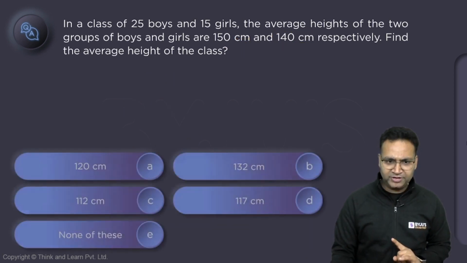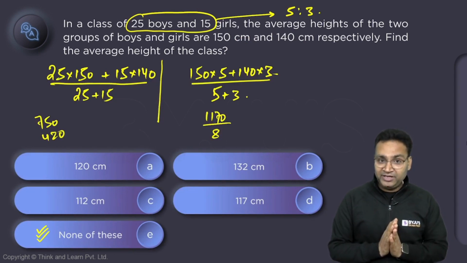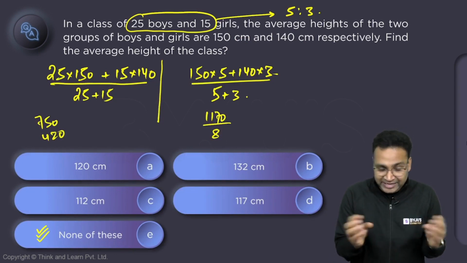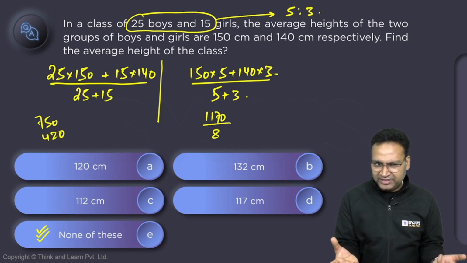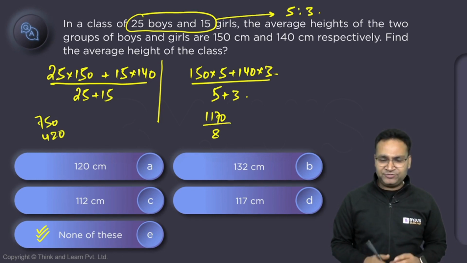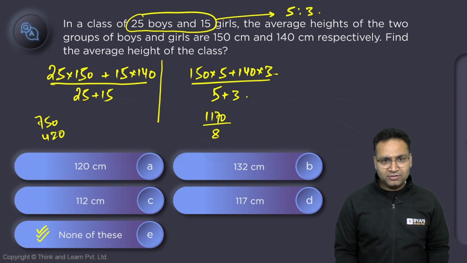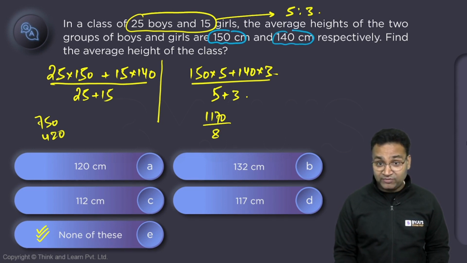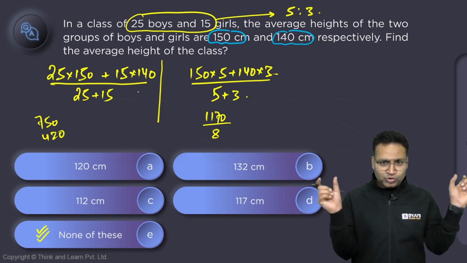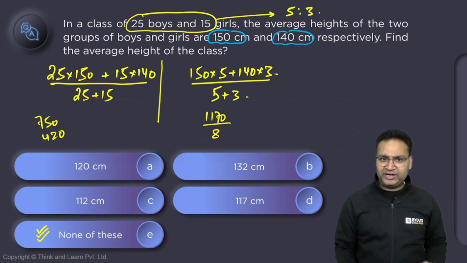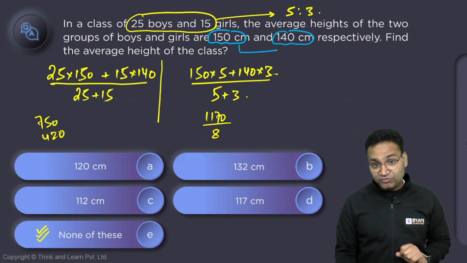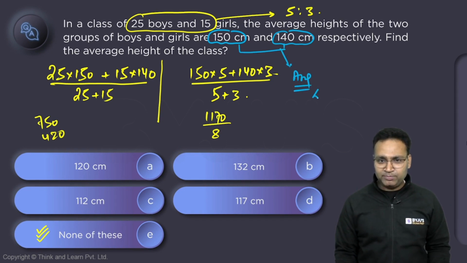No doubt about it. Now tell me, if I do not do anything, let's talk about if answer options are given there, and I have just read the story. When I read the story, I was like, okay, one group has an average 150, one group has an average 140. So if you take an average of these two, can I say that the average must be between 150 and 140?